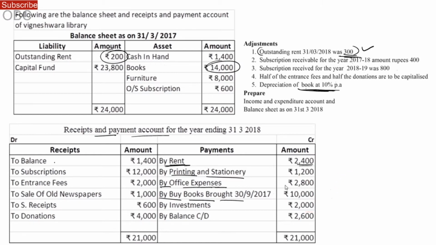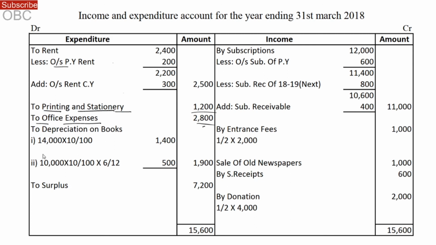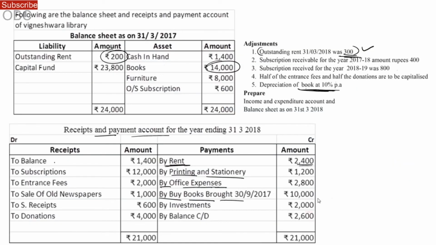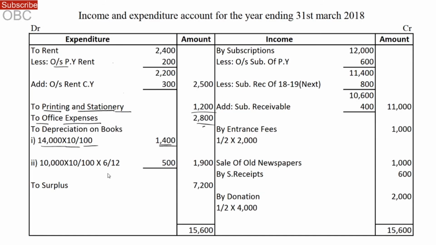So come back to income and expenditure account. Enter depreciation of books. First calculate the depreciation for the last year books. So 14,000 worth last year books into 10%, that will be 1,400 rupees. Okay. Next, the second depreciation for this receipts and payment account, or the current year purchase of books. So 10,000 rupees they purchased, 10% again, but you need to take the remaining months and divide by 12.